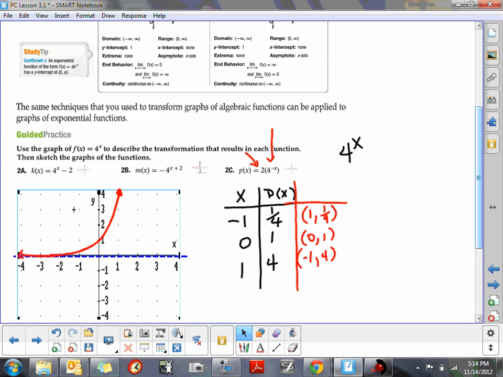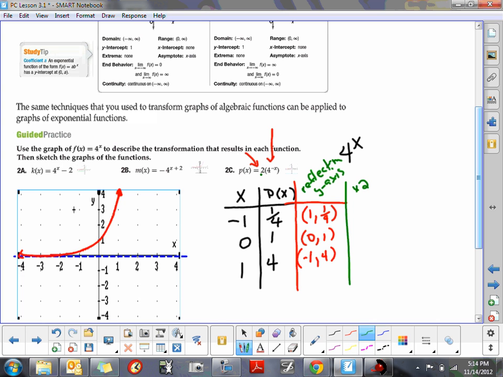The other transformation we're supposed to do, and I'll just put this as the reflection across the y-axis. The other thing that we have to do is we have to take this thing and we have to double the output. So we have to take everything times 2. So if we take all of the y values times 2, remember that's just the outputs, it's a vertical stretch. We're going to act on the vertical components of our ordered pair.